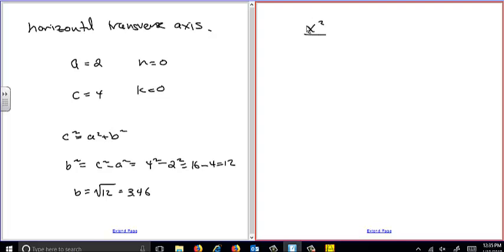So we get x squared divided by a squared, a is 4, minus y squared divided by 12, because b is the square root of 12, and that is equal to 1. So that's the standard form of that equation, given that information.